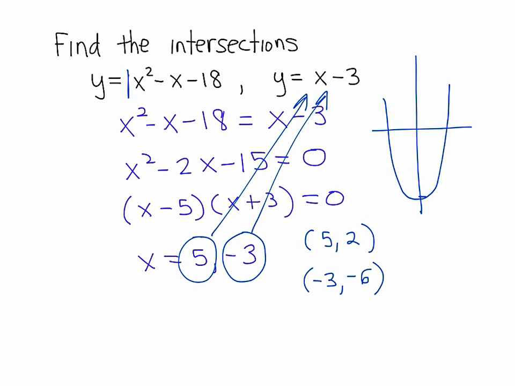The y-intercept is at negative 3, and we know the slope of this linear equation is equal to 1. So that's a positive slope, and we're going to have a function that looks somewhat like this. We have 2 points of intersection, where the first one is negative 3 and negative 6, and the second one on the right side is 5 and 2.